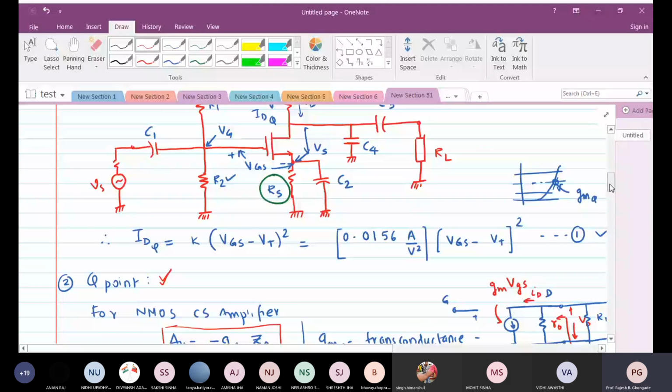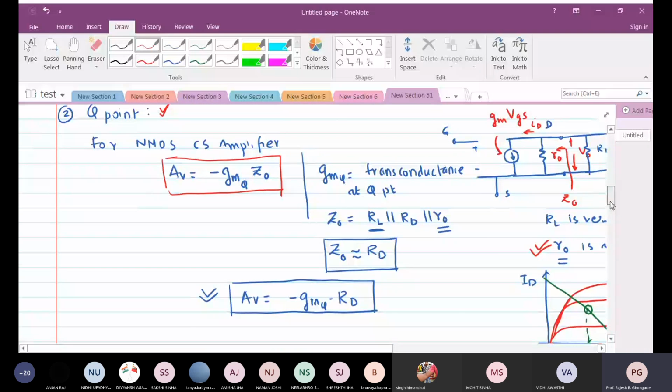The transfer characteristics being non-linear, GM will also change. So at a particular value of GM, that is GMQ, we multiply by the output impedance, and you get the gain. But what is the output impedance? Output impedance is RL parallel RD parallel R2.